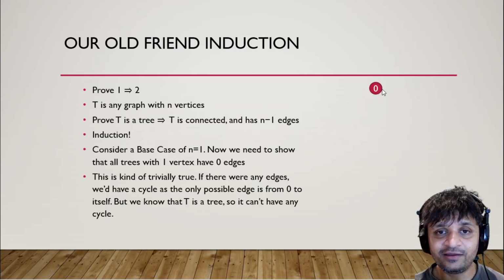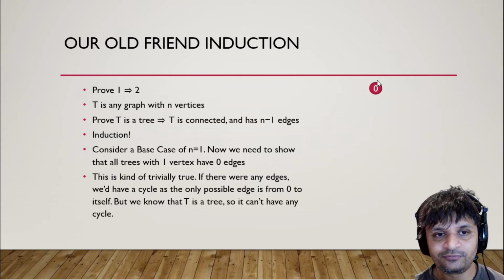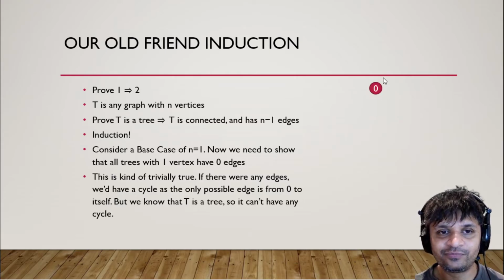If it's acyclic, it can't have the cycle that goes from 0 back to 0, okay? So that means it has no edges, which is great, because if it has one vertex and 0 edges, that means it has n minus 1 edges, which is the thing we were trying to prove, right? Is it connected? Well, yes, if I'm at 0, I can get to 0 because I'm already there. So I can get from every vertex to every other vertex because there's only one vertex.